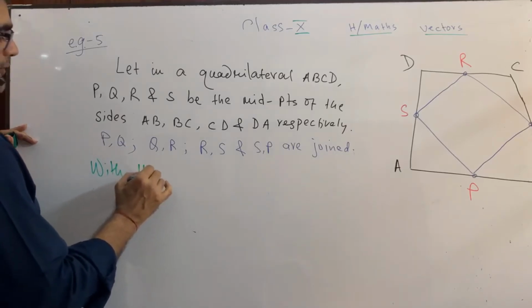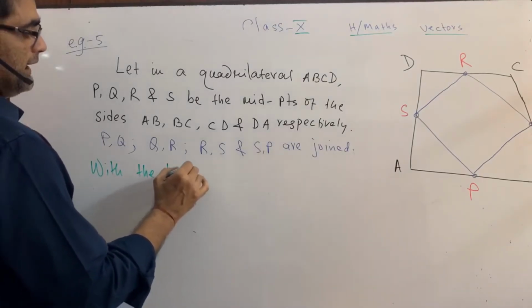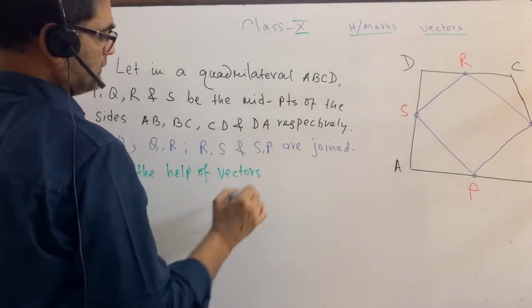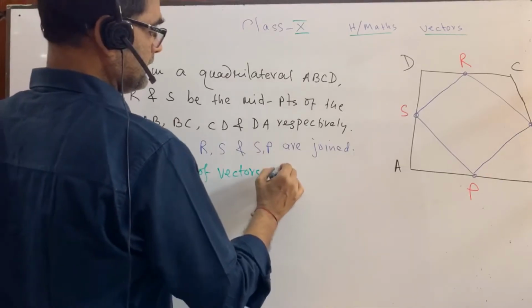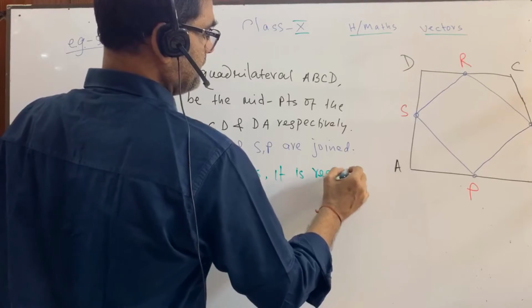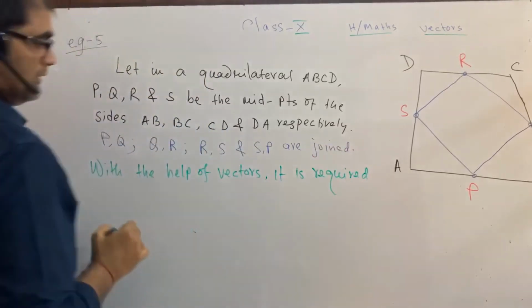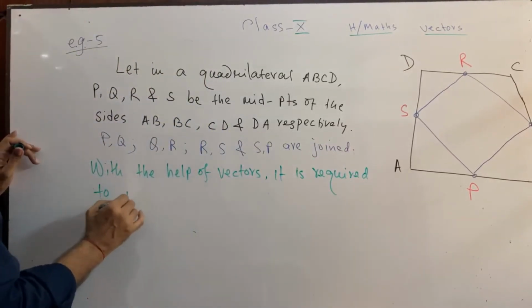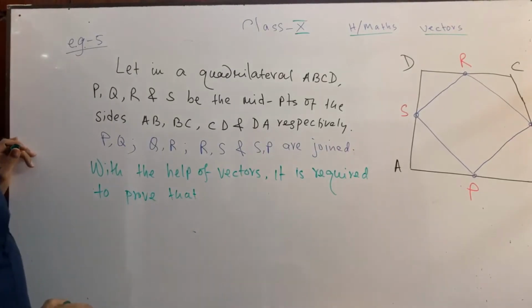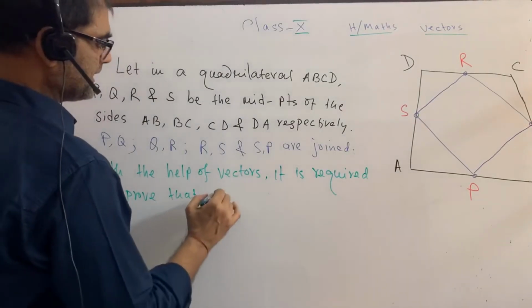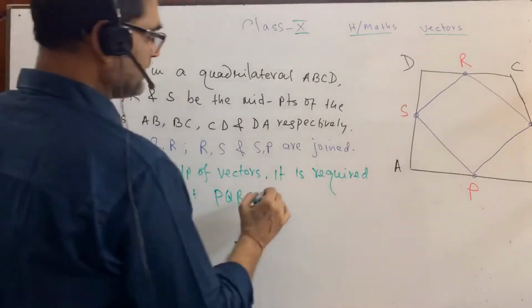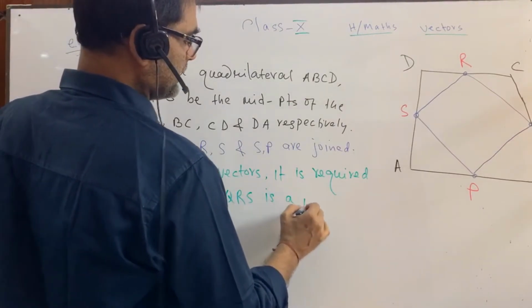With the help of vectors, it is required to prove that PQRS is a parallelogram.